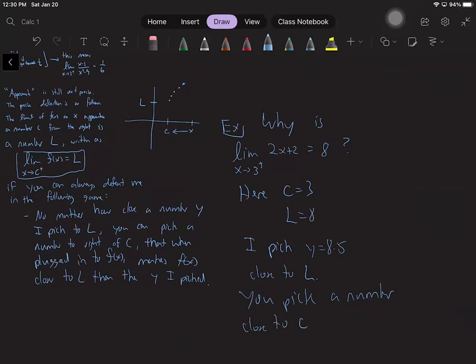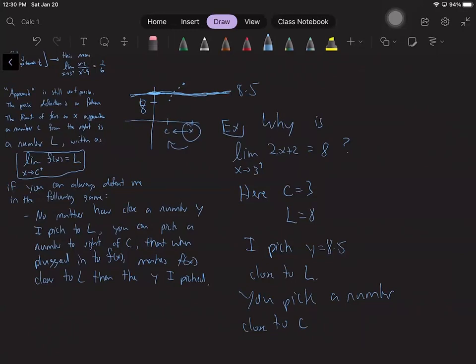So you're always picking x values that are getting closer to c. And I sort of created this border that you can't surpass. Okay, so I say 8.5, you'll never get closer to L, which is 8 in this case, than 8.5.